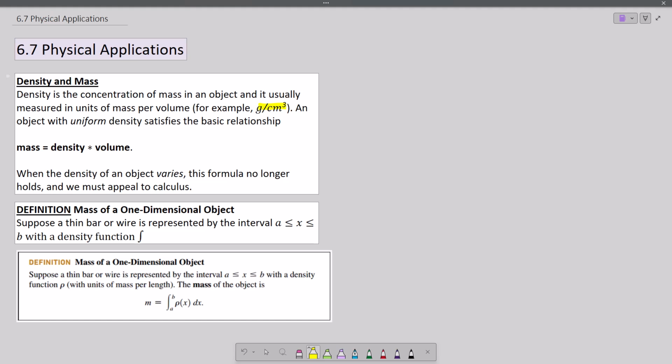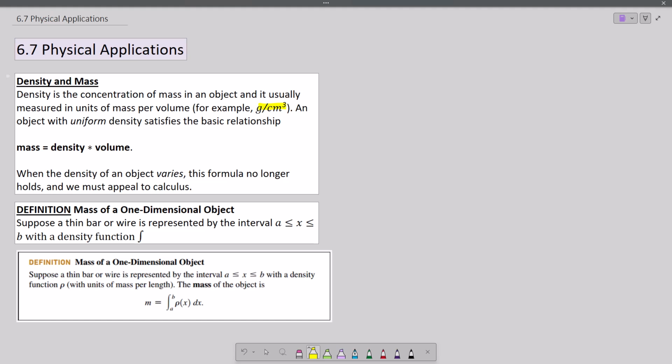You can think of 2-dimensional density. That is possible if the plate is super thin, like a thin metal sheet. You can also think of density 1-dimensionally. If you have a wire, you can talk about the grams per centimeter or the kilograms per meter.